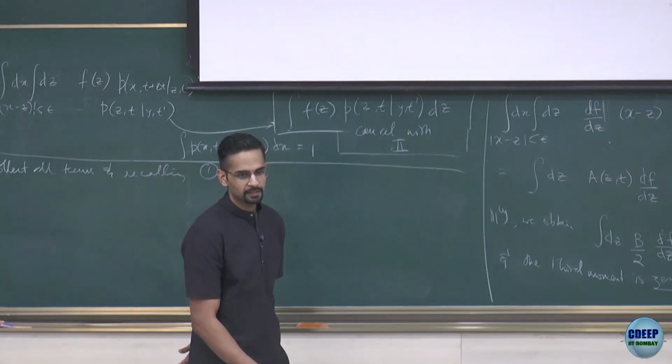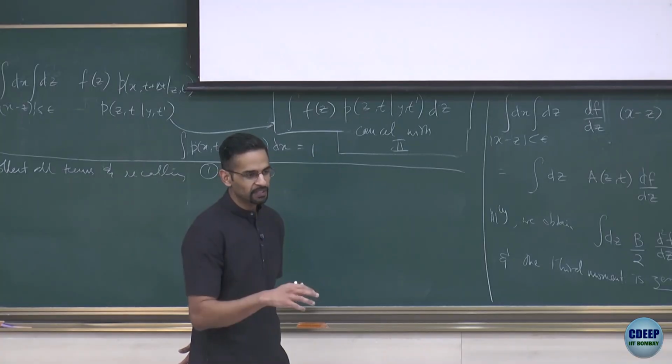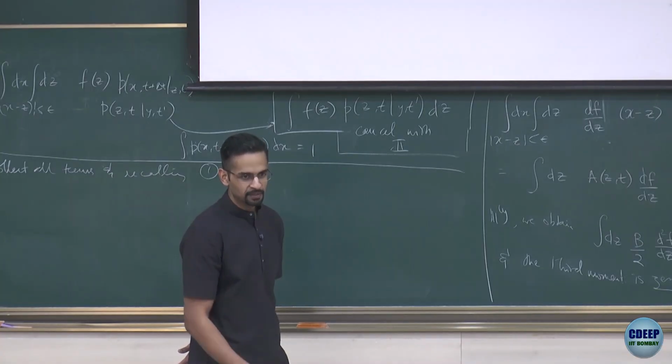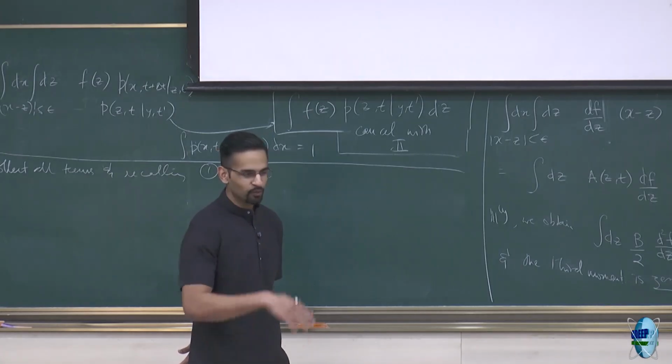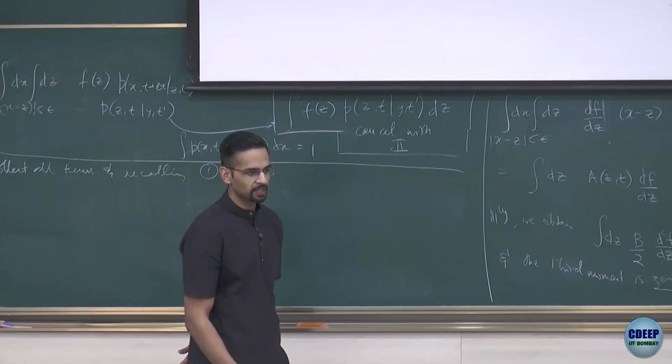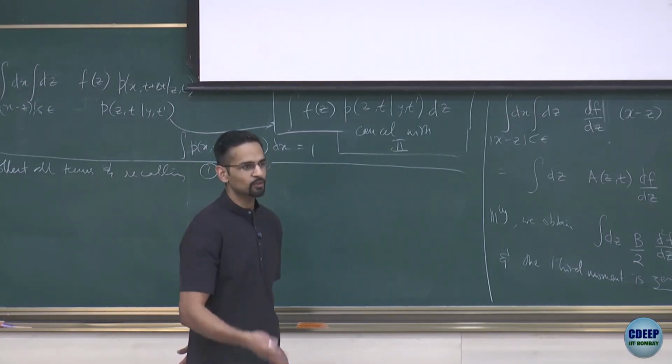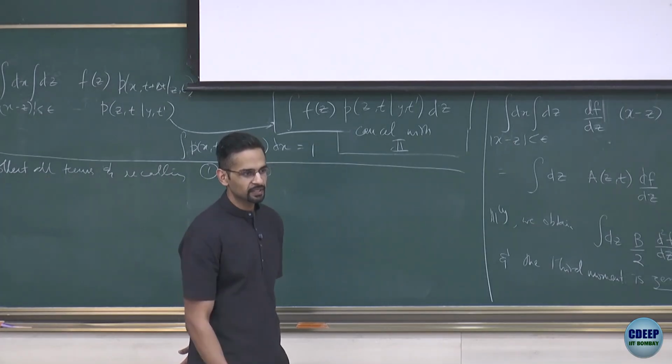So you think of x as delta z. If I have a function f of z and I want to find it at f of x where x is z plus delta z, then I'll write f of z plus delta z is equal to f of z plus df dz delta z and so on.